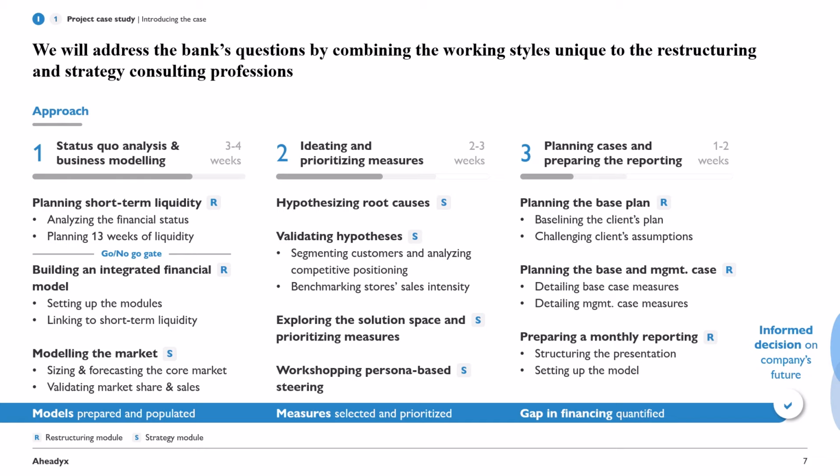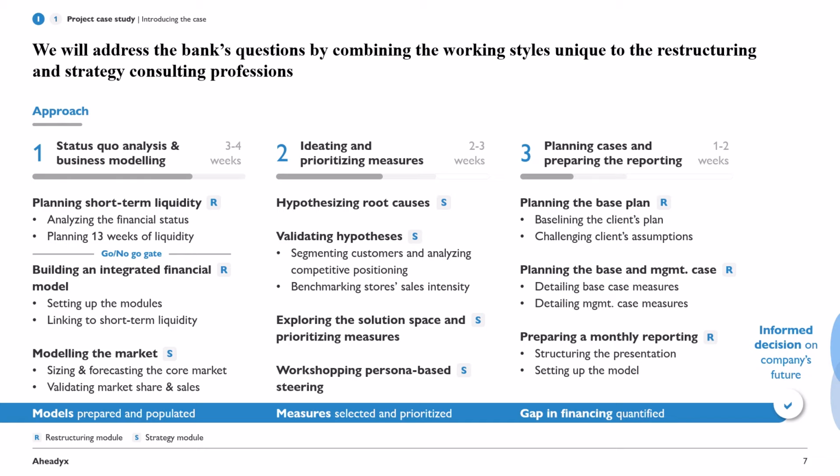So we will really go through the whole thing to make an informed decision on the company's future, which we have on the lower right-hand corner. That's really the overall goal that we have here in mind. And with that said, now let's go through each of the phases and see what we get in there.